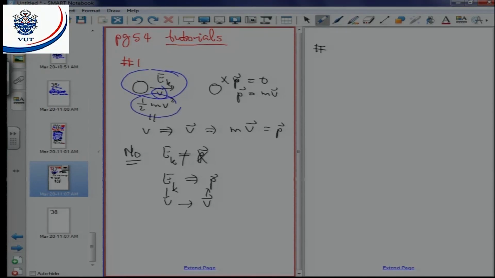It has 1/2 mv squared, but having speed implies you have velocity. Having velocity, if I just multiply by the mass, now I have momentum. So you can't have an object having kinetic energy and zero momentum.